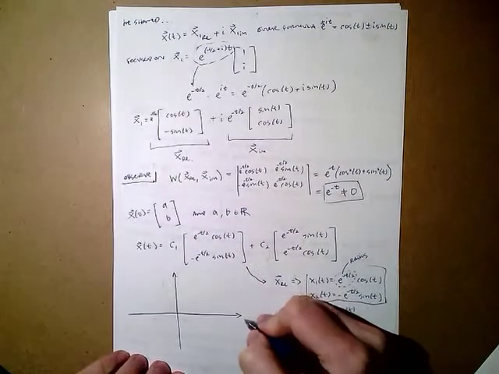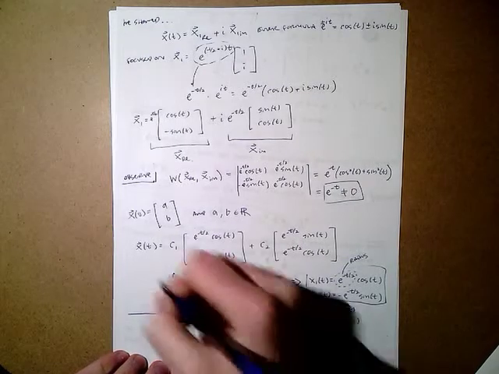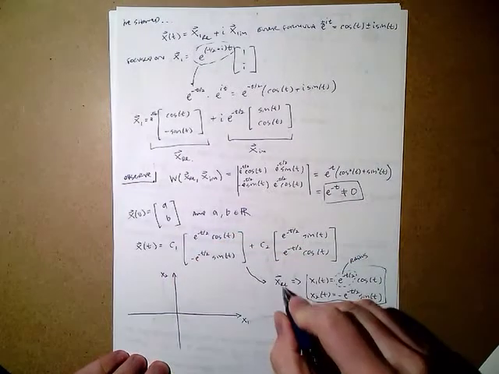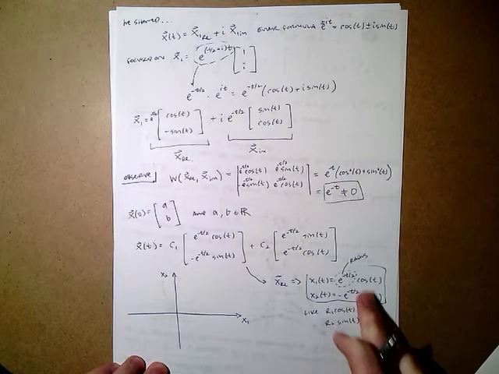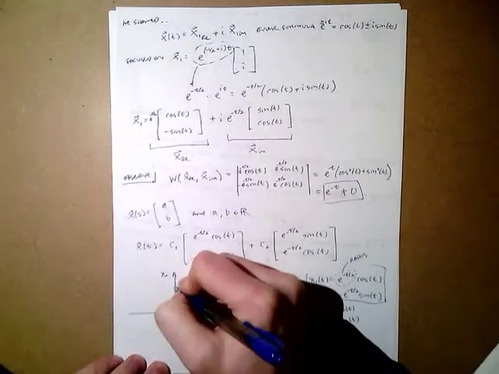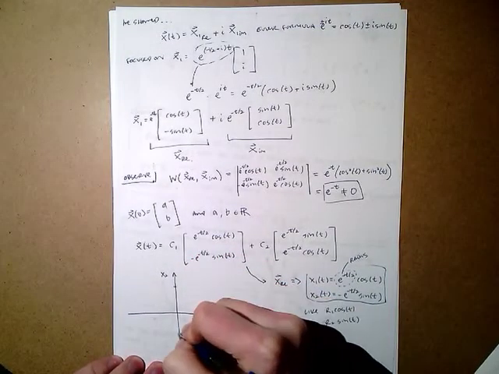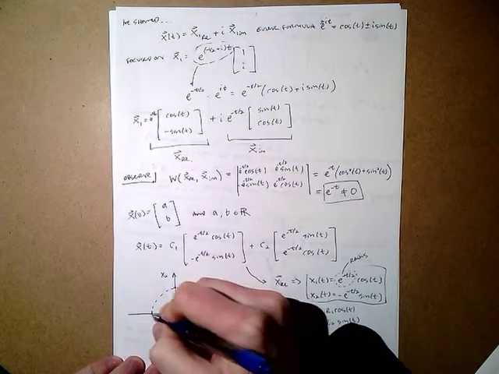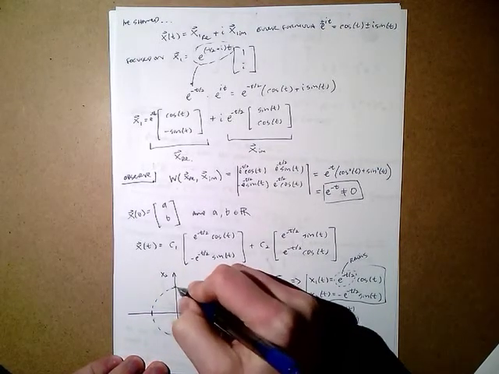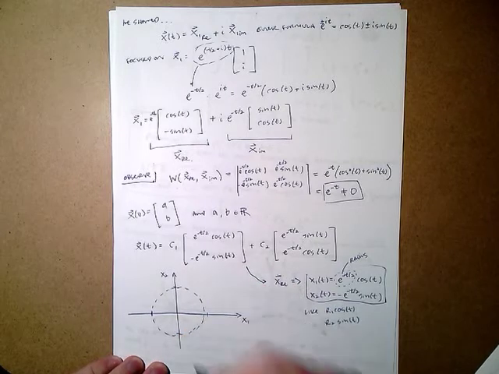Okay, so let's look. We'll make a plot of x1 and x2 using the real vector. And we'll see what kind of trajectories we get. Well, this is going to be like a polar coordinate problem. And so what I'm going to do is start by drawing a circle with the radius of 1 here.